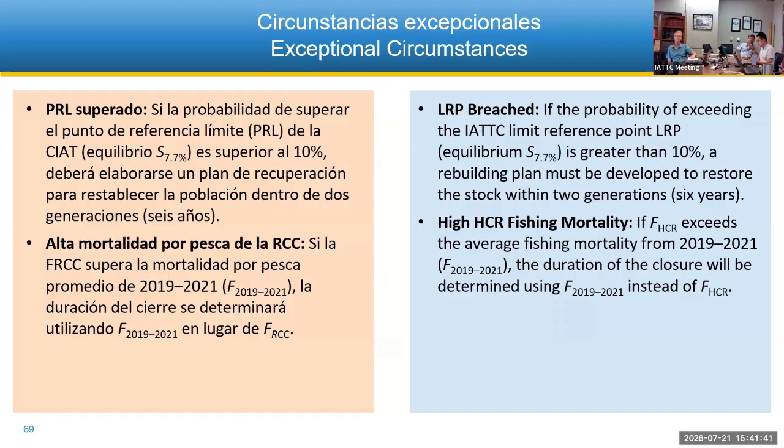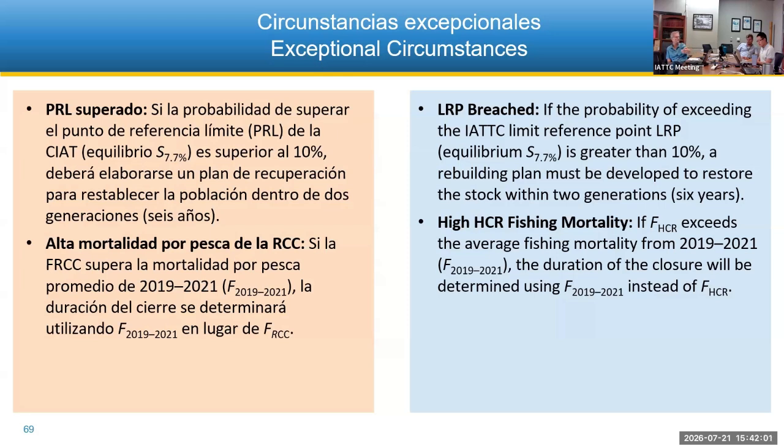So in general, for most of the exceptional circumstances we're talking about, something occurs and then the staff will evaluate that in some way, which might mean just looking at some other data. It may require some additional analyses, things like that.